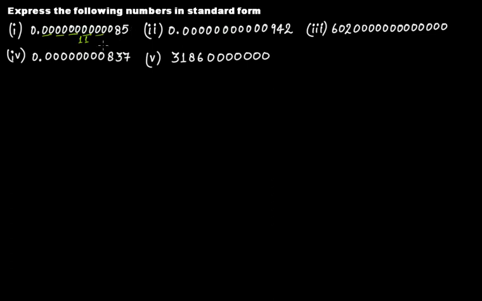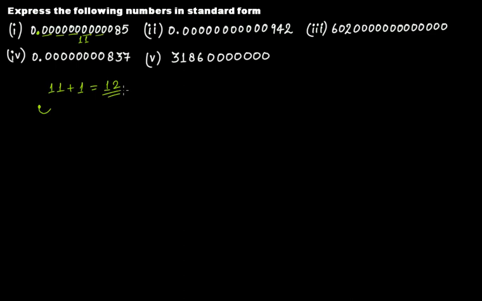So we have to bring this decimal point just after 8, because you have to write this number in the standard form. So 11 zeros and one digit, so 11 plus 1, that is 12. So you have to move your decimal point towards the right by crossing over 12 digits.